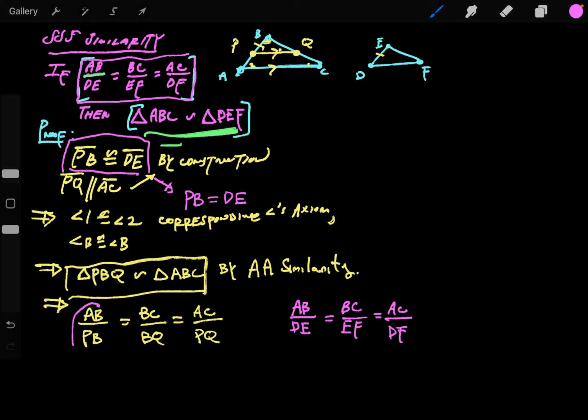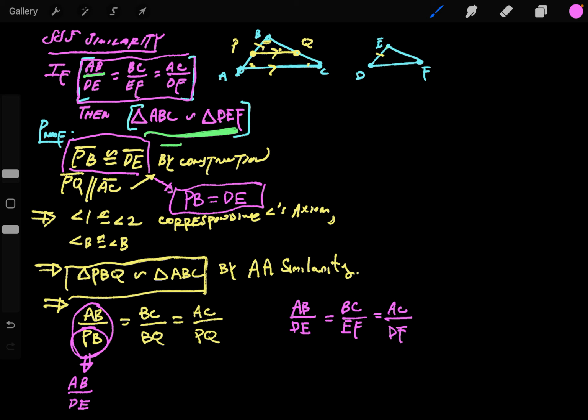So in this one, if we look, AB over PB, we know that this is going to be equal to AB over DE. And this forms a chain. AB over PB is equal to AB over DE because PB is the same thing as DE.